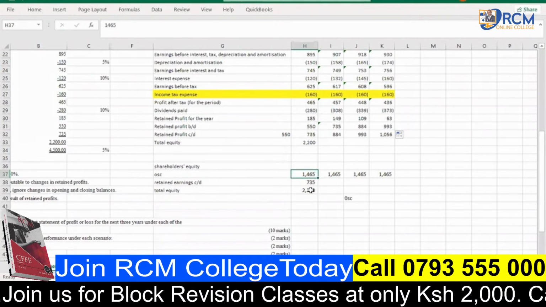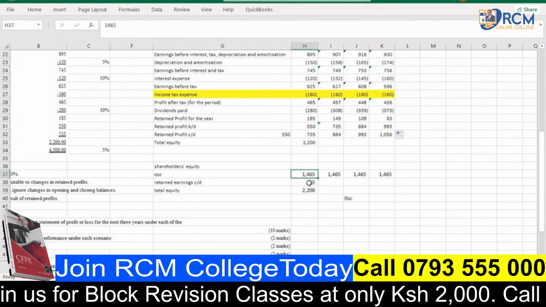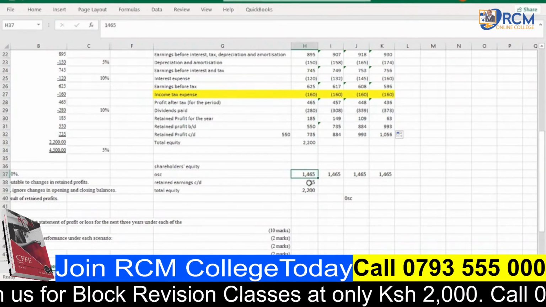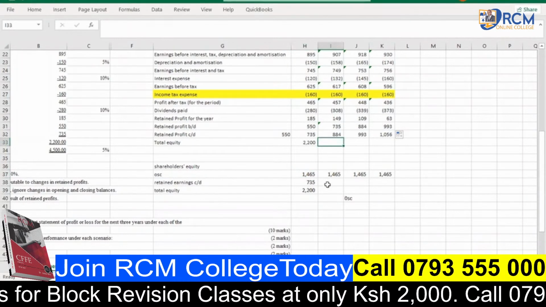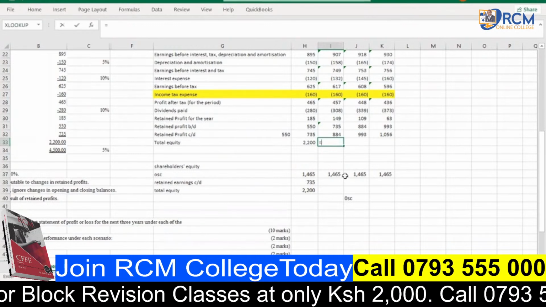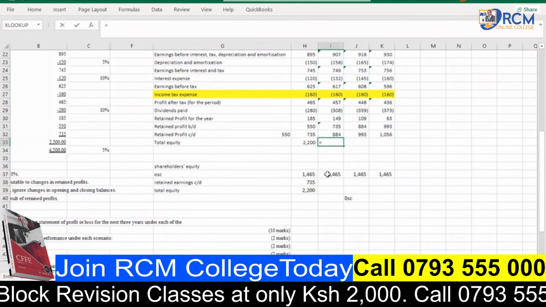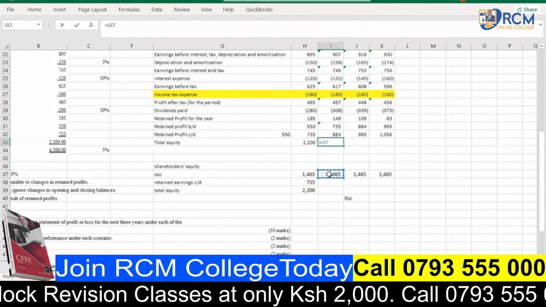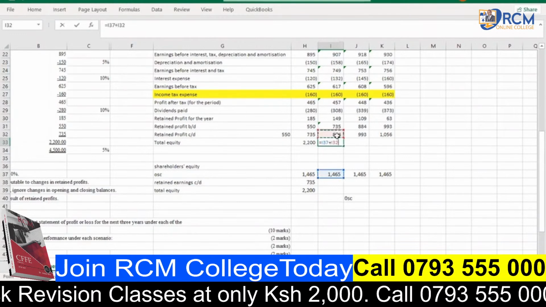So tukitaka kupata total equity, tutachukua ordinary share capital plus retained earnings carried down. Do we have that ordinary share capital? Tushaipata hapa. So tutakuja hapa tuseme it is this value plus the retained earnings carried down.